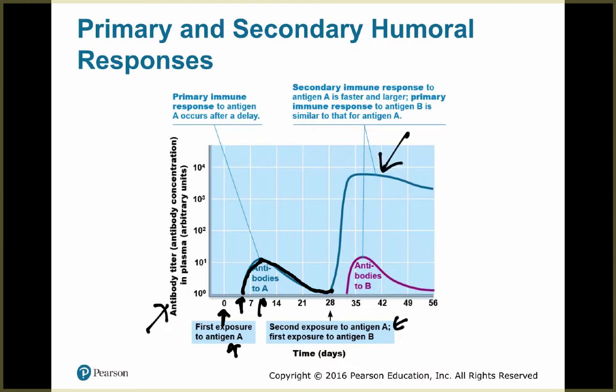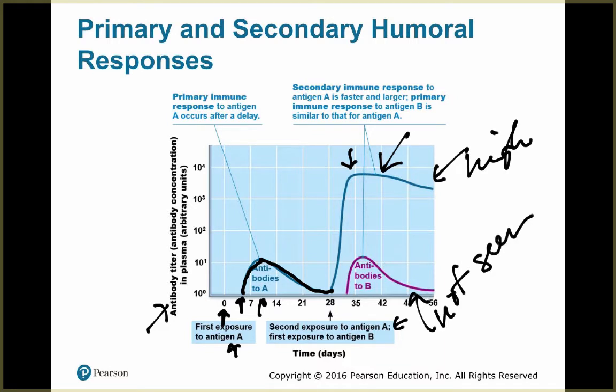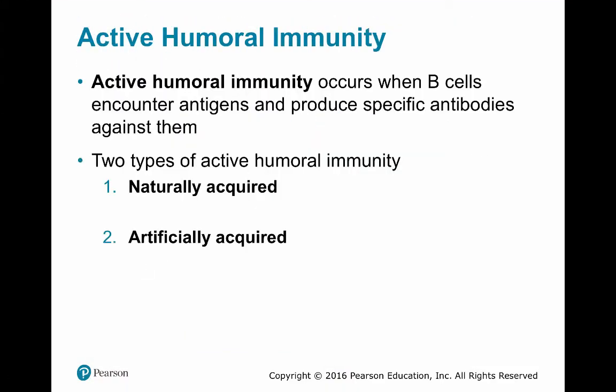You can see, boom, within 2 to 3 days, you're getting this huge amount of antibodies. Look how high it is. Now, with something that it hasn't seen before, it's going to react the same as it did the first time. Do you see how these are the same? So this is a good graph for looking at secondary and primary humoral responses.